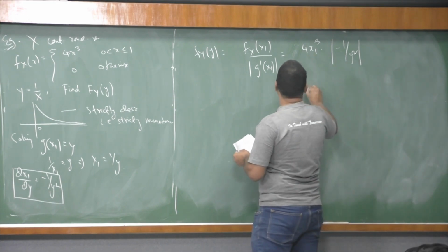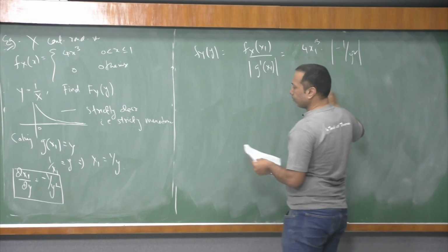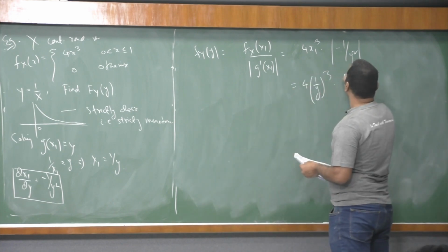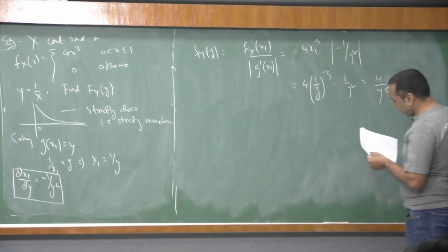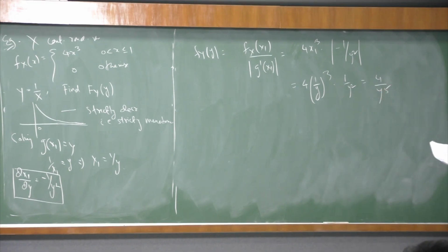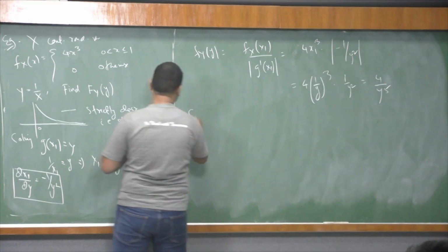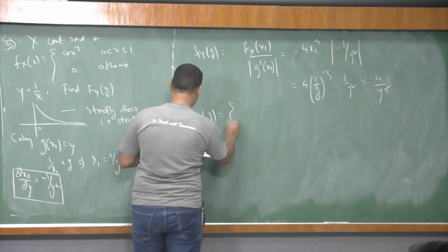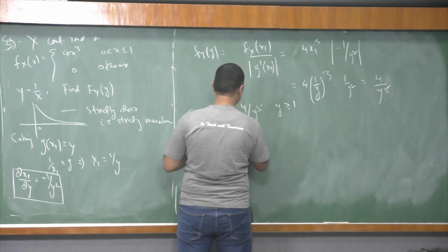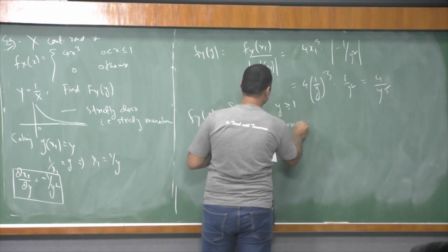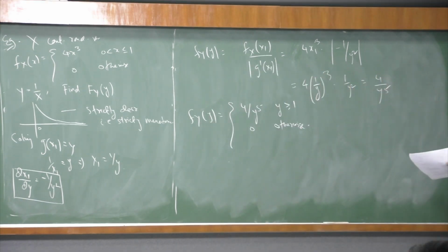So 4 times (1 by y) cubed times 1 by y squared is 4 by y to the 5, I hope. Now we can summarize everything in one place. So fY of y is 4 by y to the 5 for y greater than or equal to 1, and 0 otherwise. So this is how we use the method of transforms.